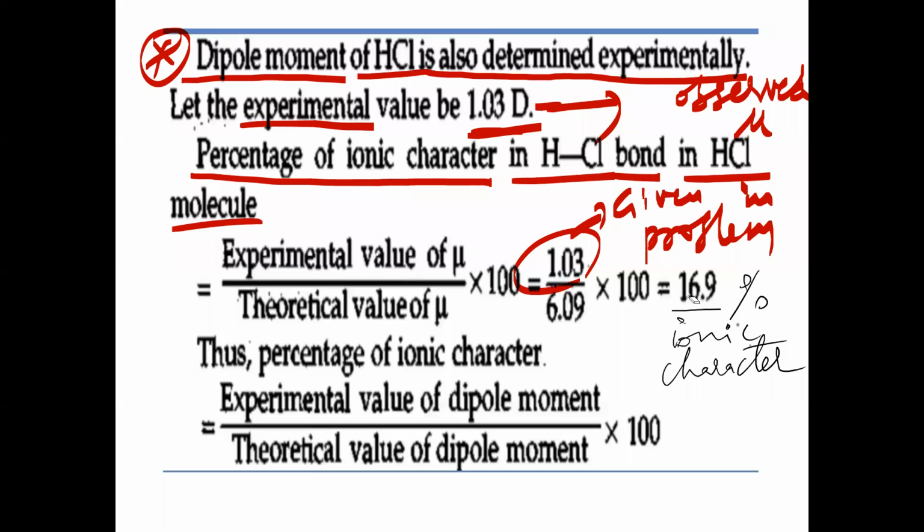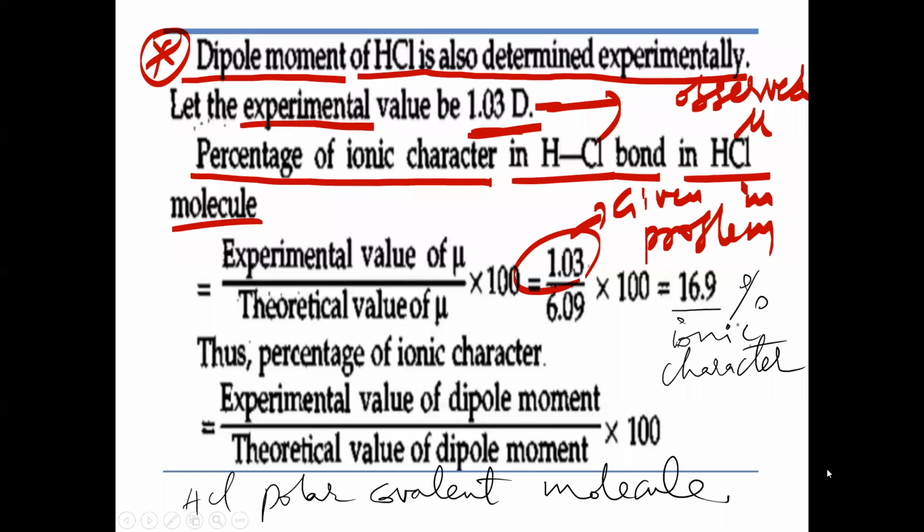HCl is a polar covalent molecule. Thus, the percentage of ionic character is equal to experimental dipole moment divided by theoretical dipole moment into 100. Is that clear? Take the screenshot of this.